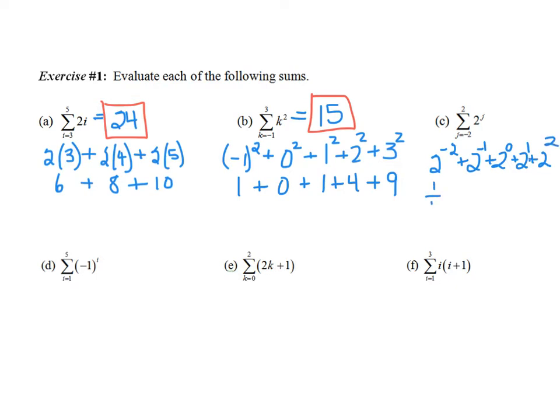Evaluate, so I've got 1/4 plus 1/2 plus 1 plus 2 plus 4, and when I added all that together, I got 7 3/4 for the total. So again, sigma means find the sum of those terms.